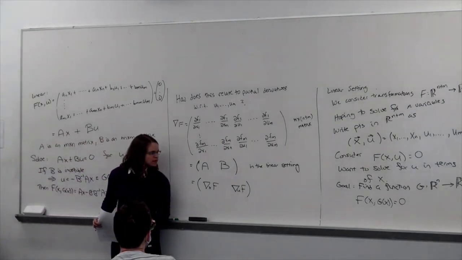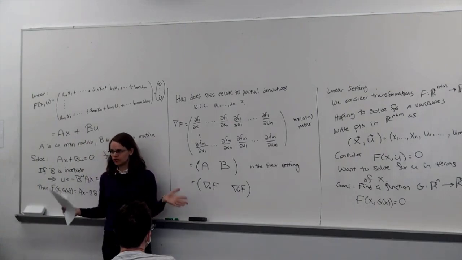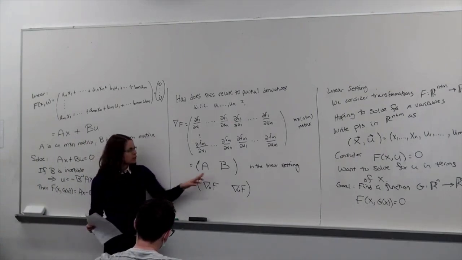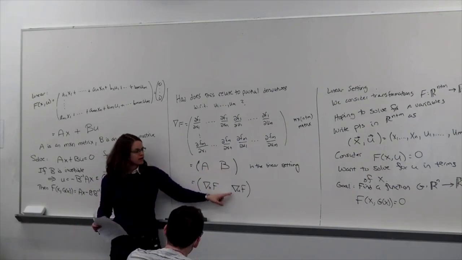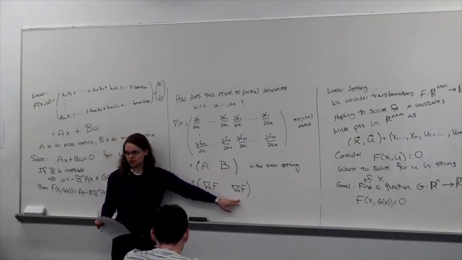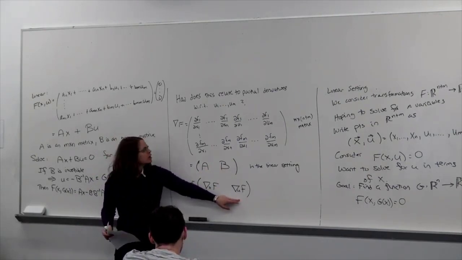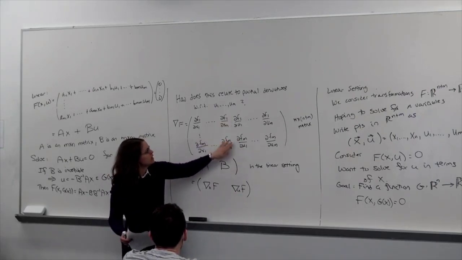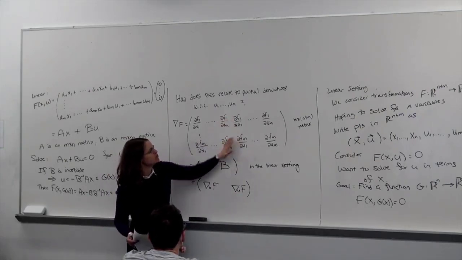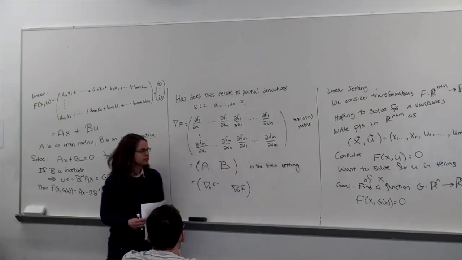Okay, we know from the linear setting that if we can do this, we need this matrix to be invertible. That corresponds to this part of the Jacobian being an invertible matrix. That part of the Jacobian is square because it's the derivative of these m functions with respect to the m variables.